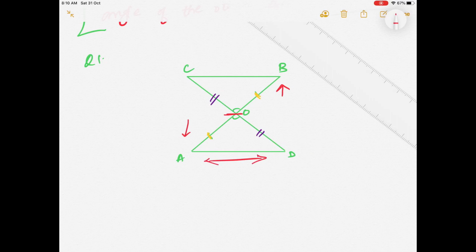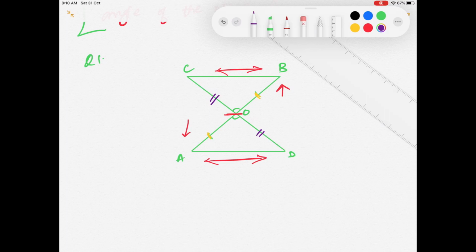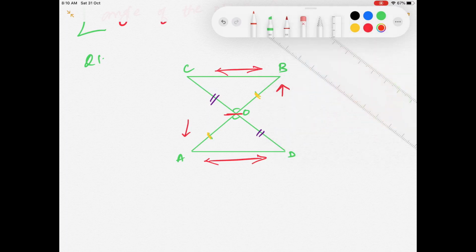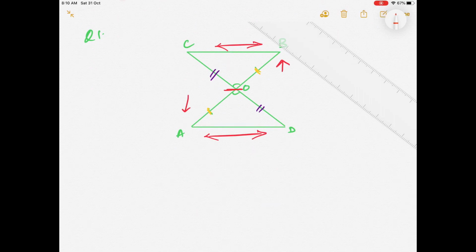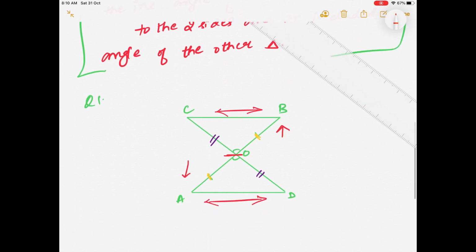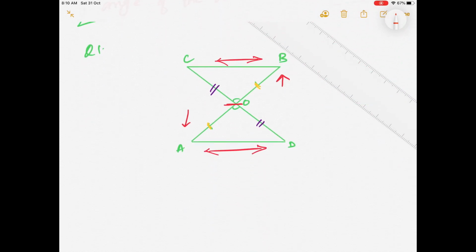To prove these two triangles congruent, you have studied that side, angle, side is our first congruency rule. You may observe that in triangle AOD and triangle BOC, OA is equal to OB and OD is equal to OC. These two are given.